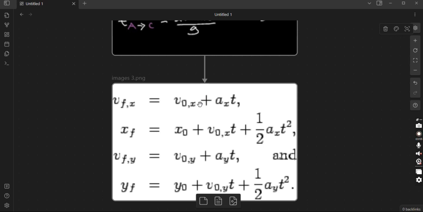So we'll say that v final is equal to v initial plus or minus at, and then we separate the initial velocity into its components. We use the y component, which is v sine theta, so we substitute v sine theta since we are dealing with kinematics in 2 dimensions.